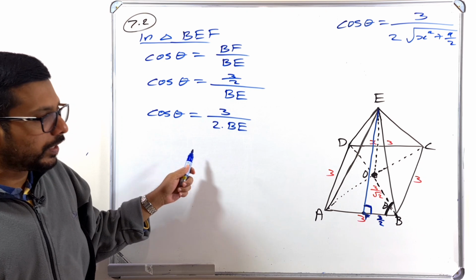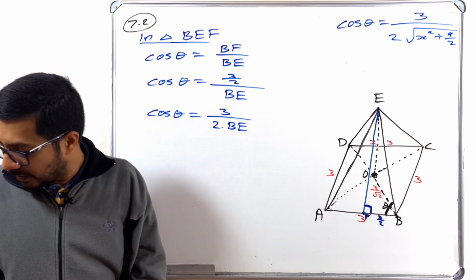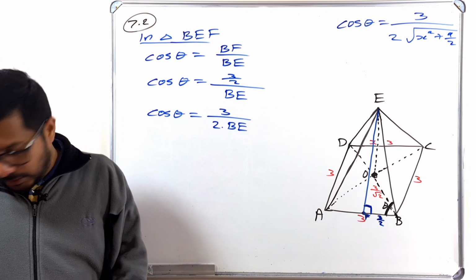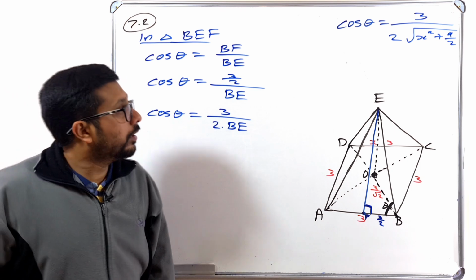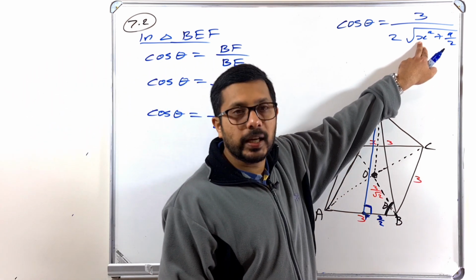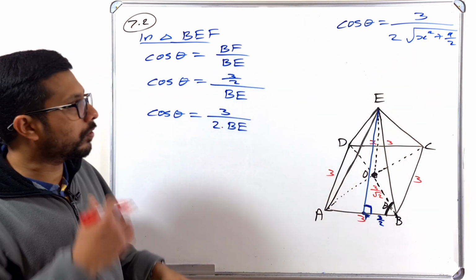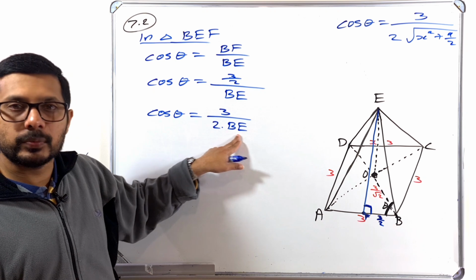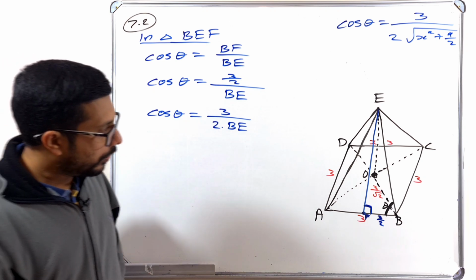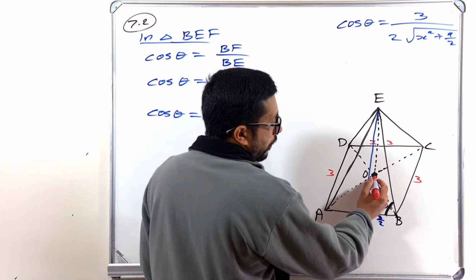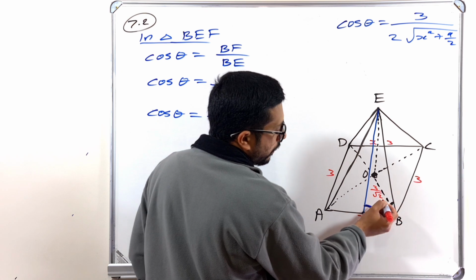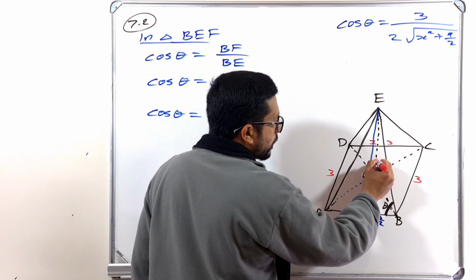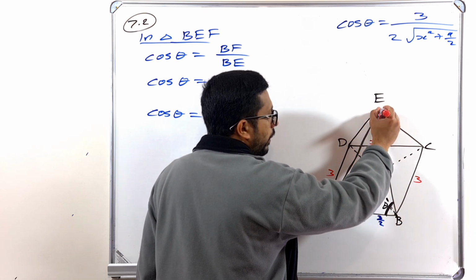That triangle BEF, we took it to apply cos theta. Okay, now look at the next triangle. In our answer we want x also. What is that root of x square? We want to prove that is BE. Okay, so x is the perpendicular height. So look, this is our x. Let me draw that triangle there.